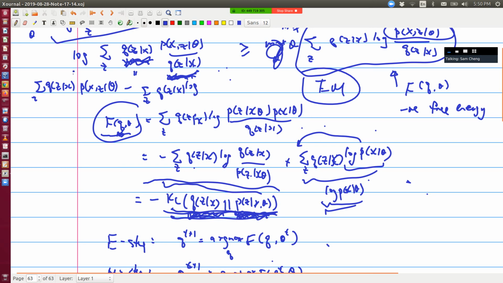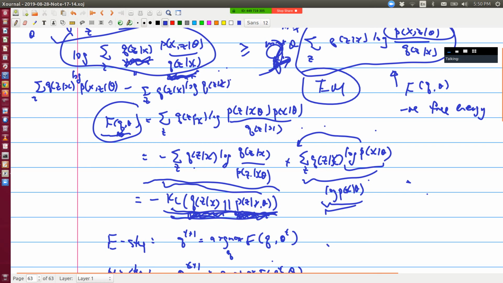My log is inside actually. I'm looking at this term here, not the original likelihood. We are trying to maximize this lower bound.